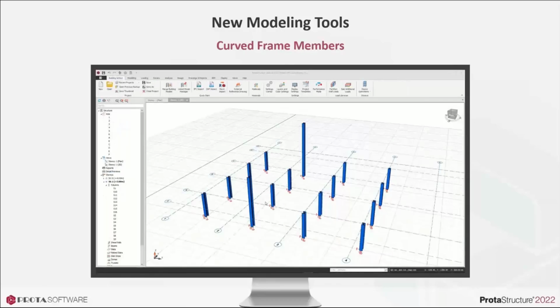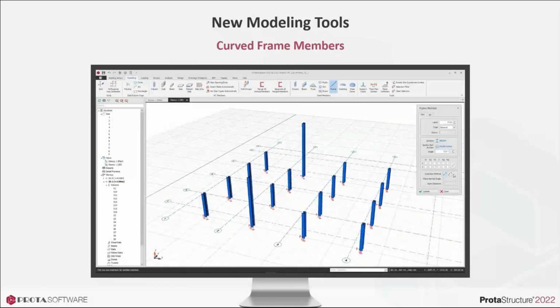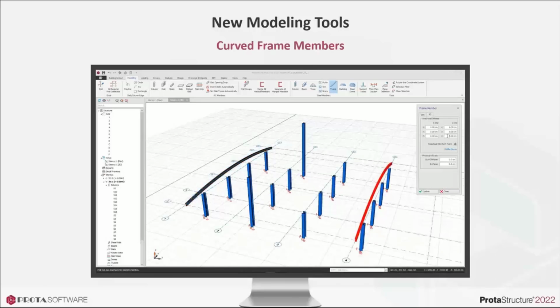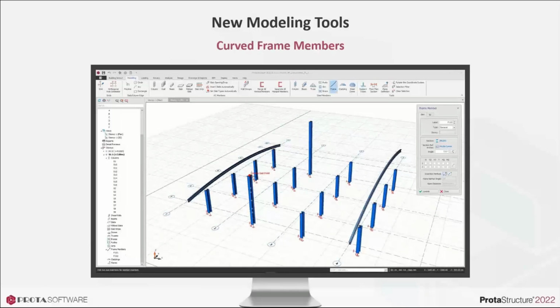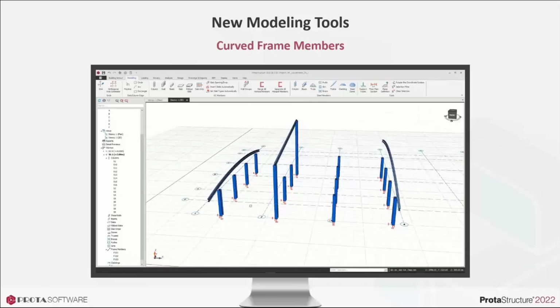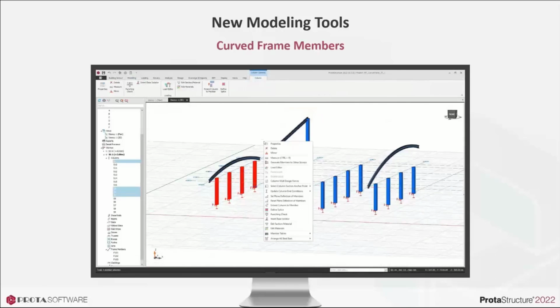Okay, this one I like a lot actually. Now, as you know, curved frames are one of the most commonly encountered structural members in the design of structures, especially in steel structures. In the new version of ProtaStructure, we make it possible for you to insert curved frame members in any plane orientation.